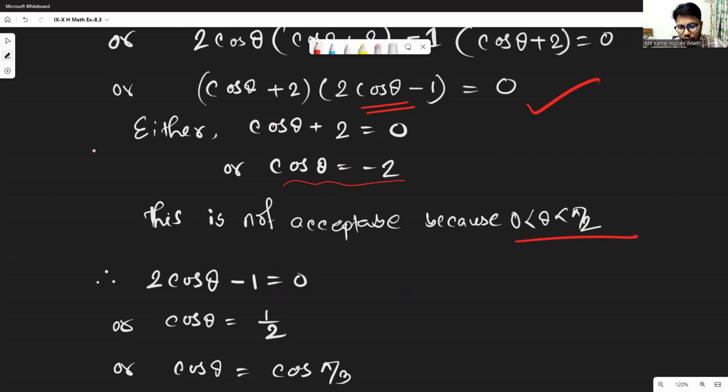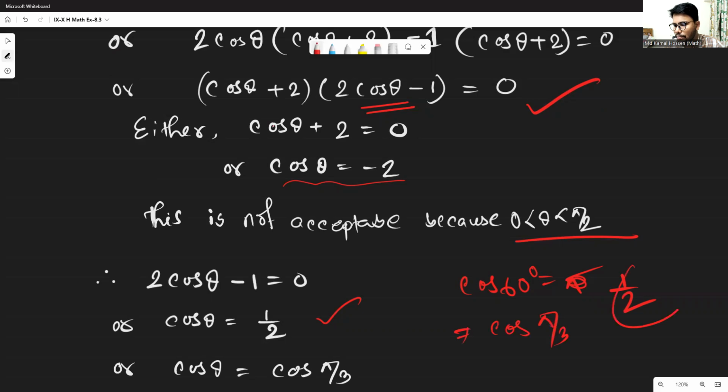First step, shift minus 1 from the left side to the right side, then divide by 2. And this is half. What is half? Half means cos 60 degree. Cos 60 degree is equal to half, which we can write as 1 by 2. Or cos 60 degree means cos pi by 3.